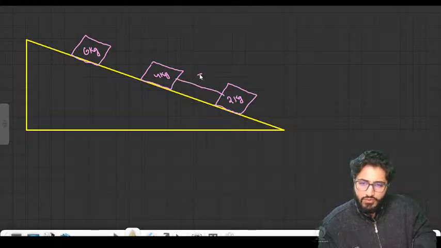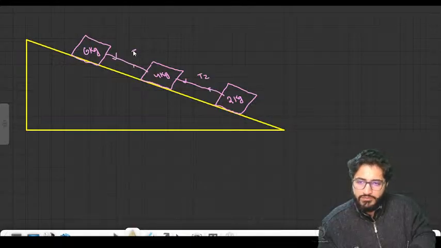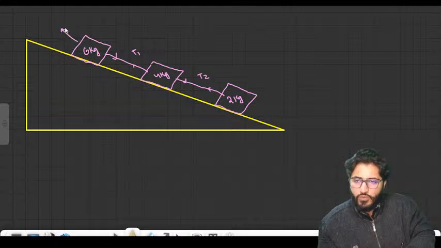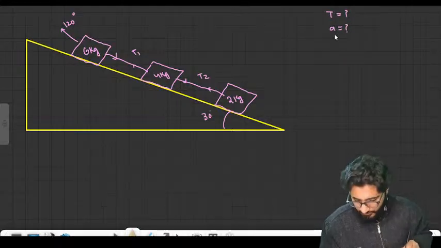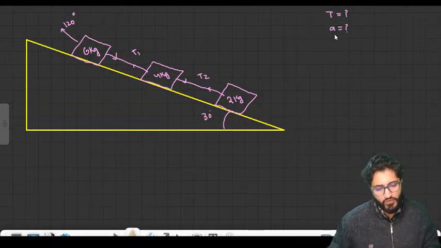Here tension is T2. Here tension is T1. Applying force 120 Newton. This angle is 30 degrees. Find T. If you want to find acceleration, find a also. This one is your homework.